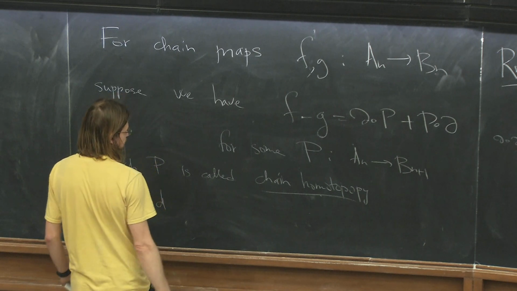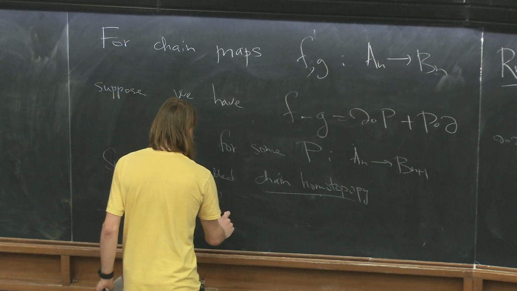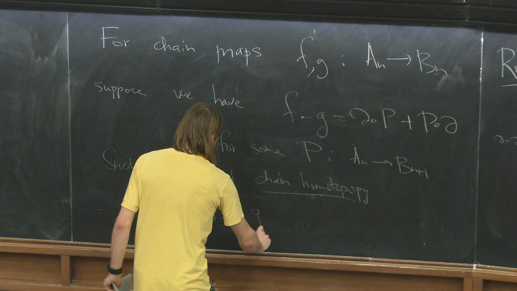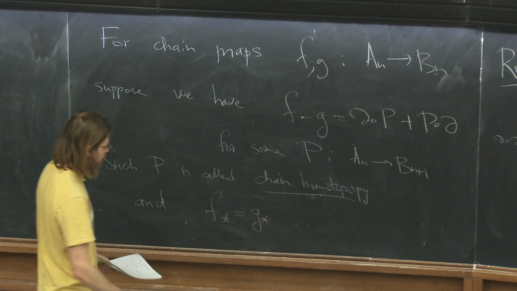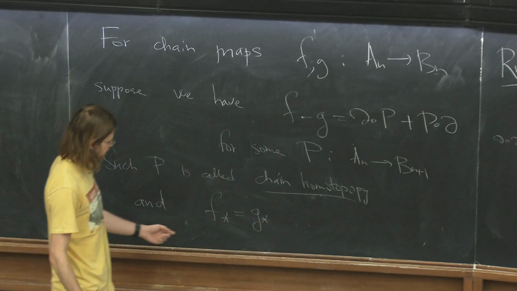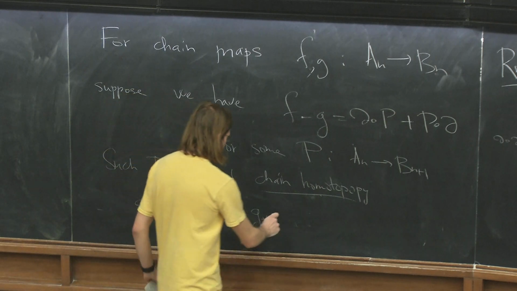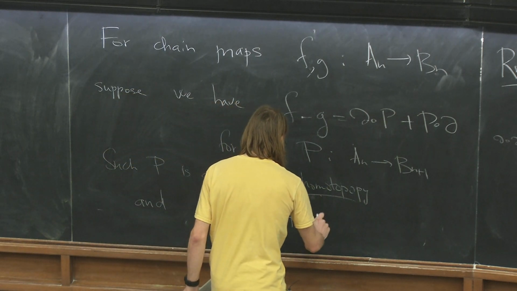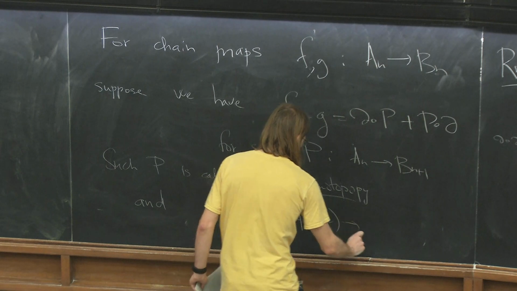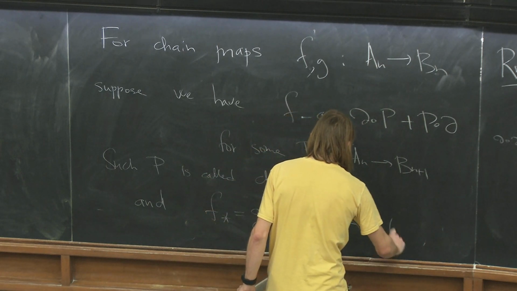And again, it immediately follows that the corresponding induced maps on the homology groups of these abstract chain complexes are just the same.